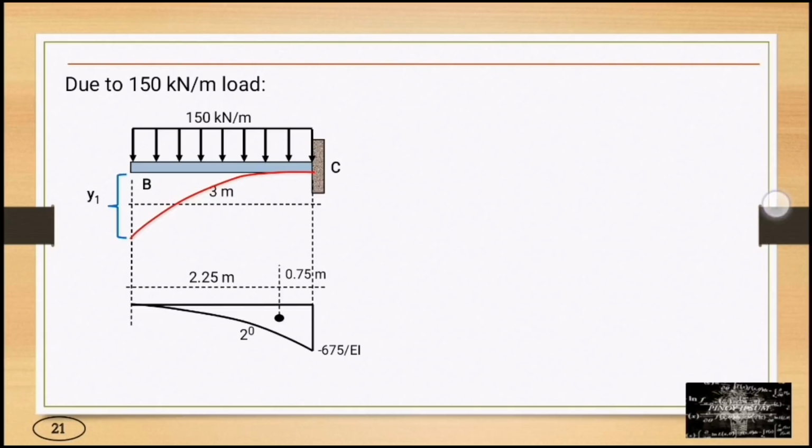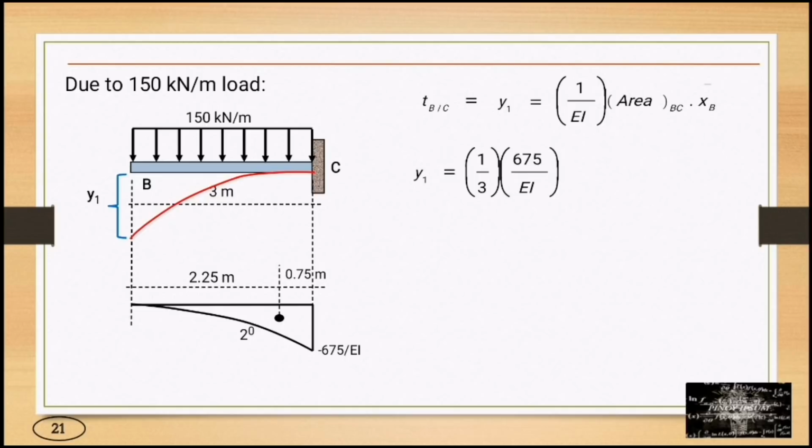Then the centroid, yung TBC is equal to y1 is equal to 1 over EI times the area between BC times the centroid from point B. So yung y1 is equal to 1/3 times 675 over EI times 3 times the centroid from point B. So we have 2.25.